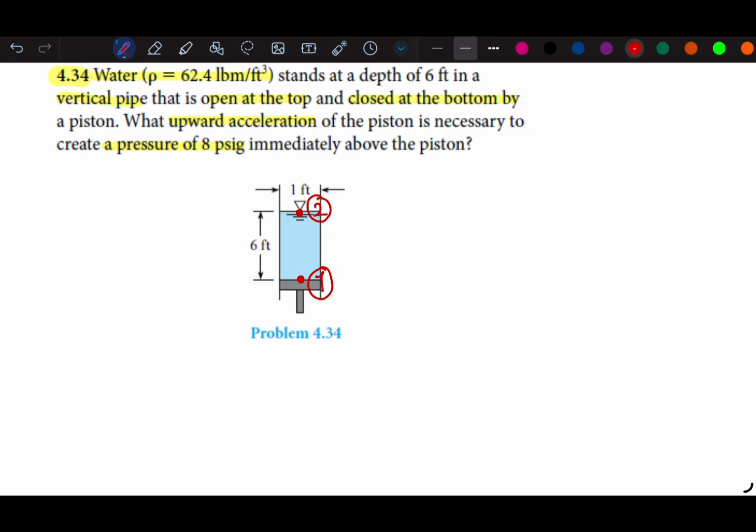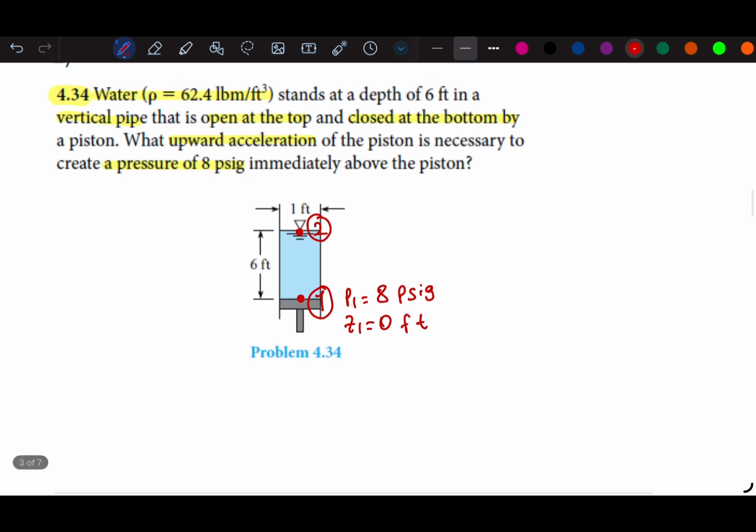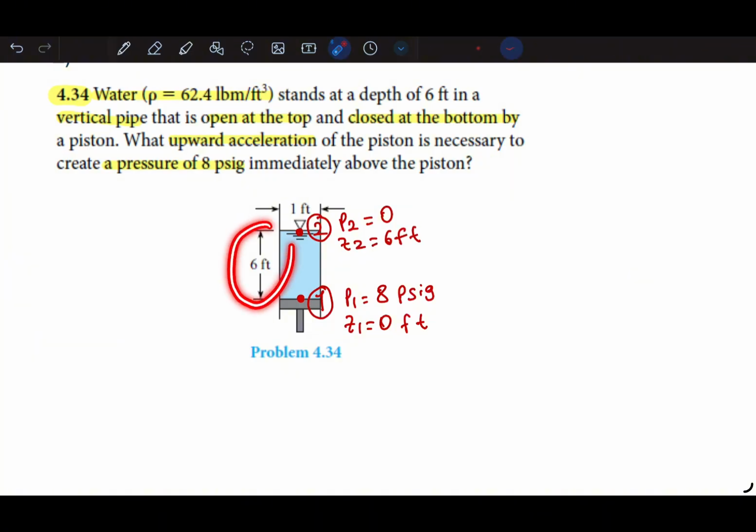So at point 1 we have pressure as 8 psig, and Z1, which is the elevation, is 0 feet. And since this is open to the atmosphere, we can say that pressure is 0, but the elevation will be 6 feet considering this distance.